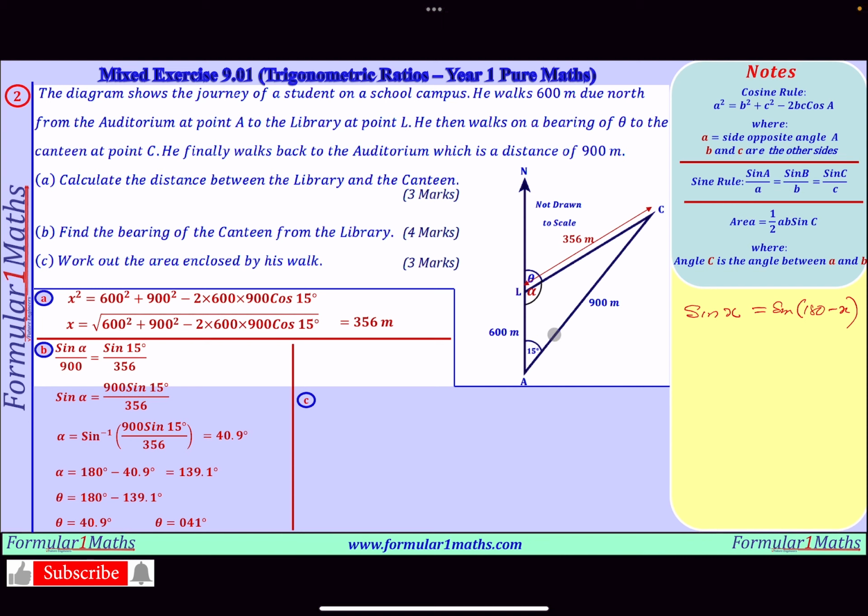So we can easily substitute in this formula as follows. Half times 600 times 900 sine 15. And if I put this in my calculator, I'm going to get 69,881 meters squared. And that is the end of this session on trigonometric ratio.